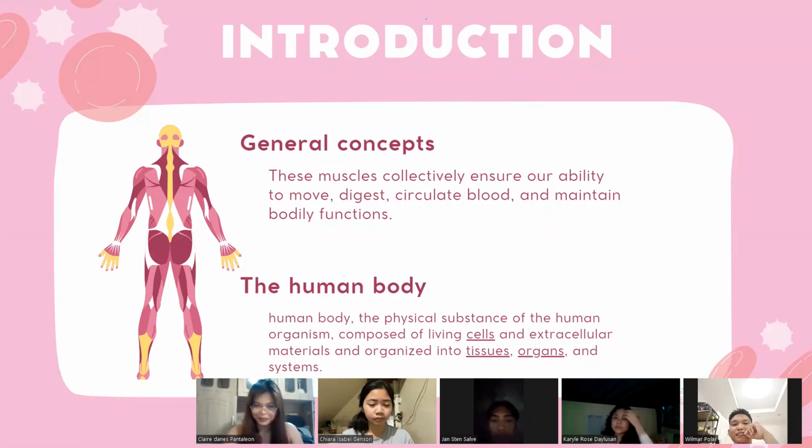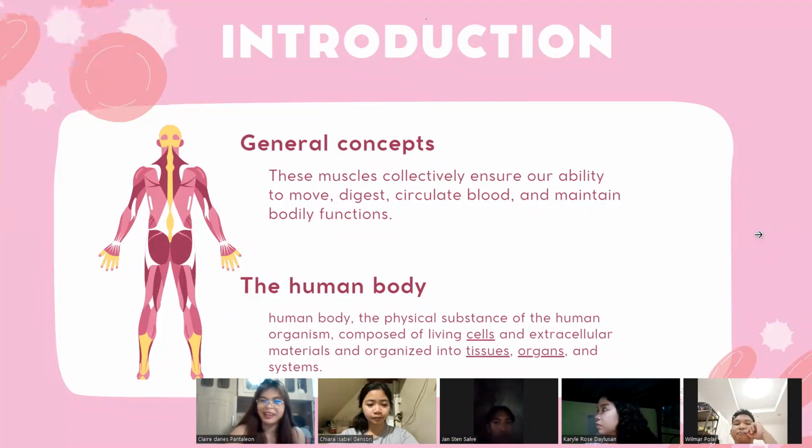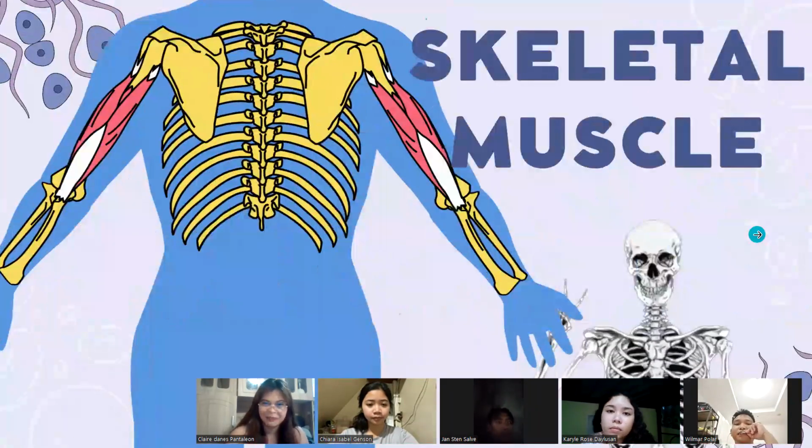I'm sorry, miss. The human body, the physical substance of the human organism, composed of living cells and extracellular materials and organized into tissues, organs, and systems. Okay, thank you for reading the sentence. Okay, let's move on to the next page.